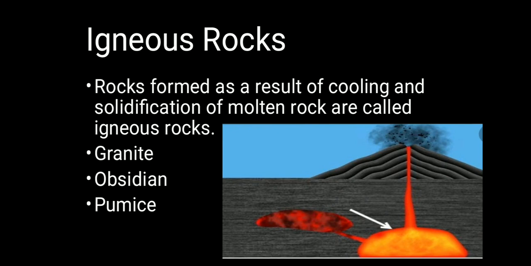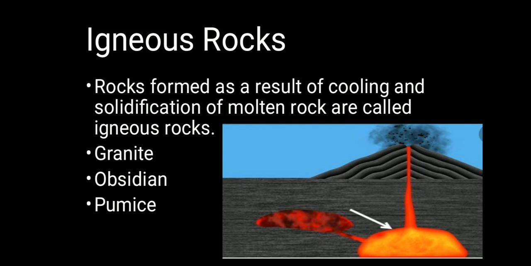When a volcano erupts, this molten rock flows out from the Earth's interior to the surface. This later cools and solidifies to form igneous rock.